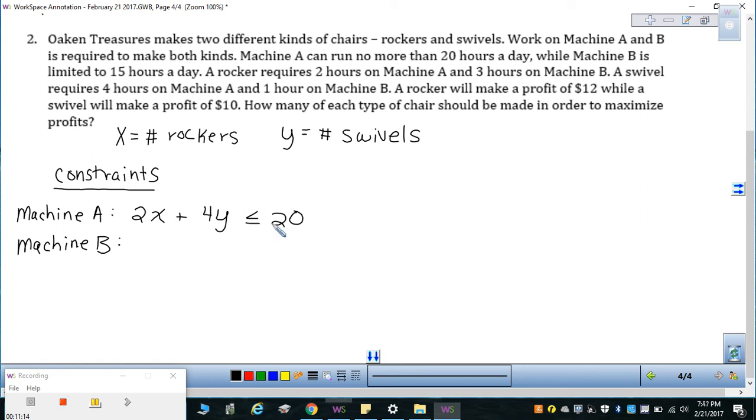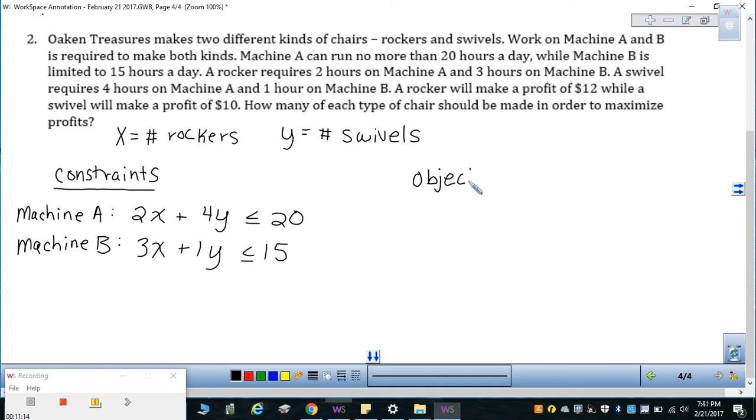Now we're going to do a similar inequality statement for machine B. It says up here that a rocker requires 3 hours on machine B, so we'll do 3x. The swivel requires 1 hour on machine B, and B is limited to 15 hours per day. These are our only two constraints in this problem.